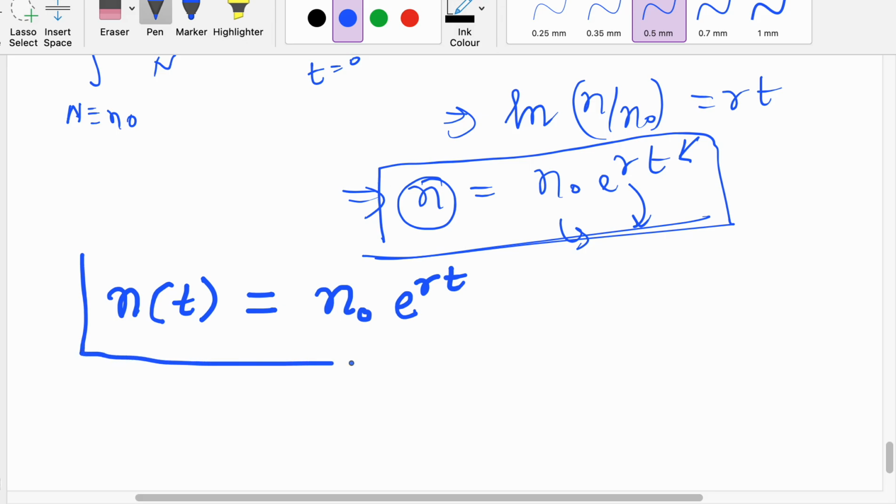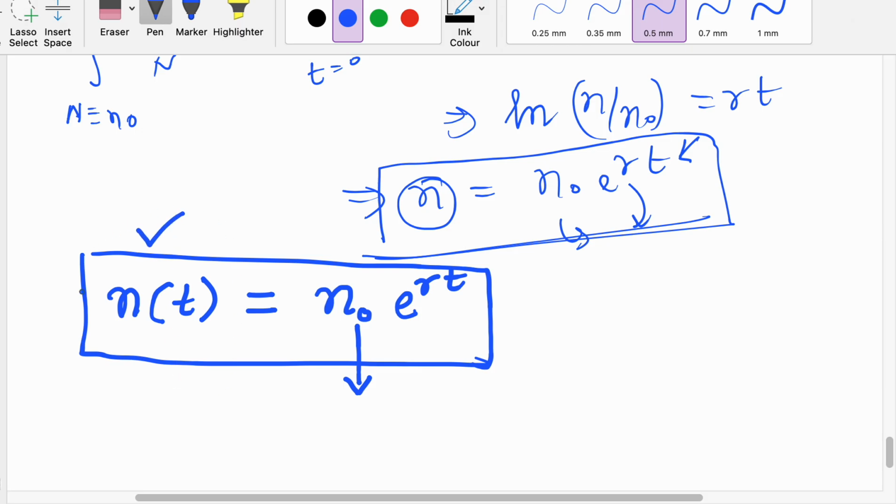From our zeroth time, or our old state of the population, we can predict our population size for any time. So this is the prediction formula, and it can be written in closed form. Closed form means basically we can write it very simply.